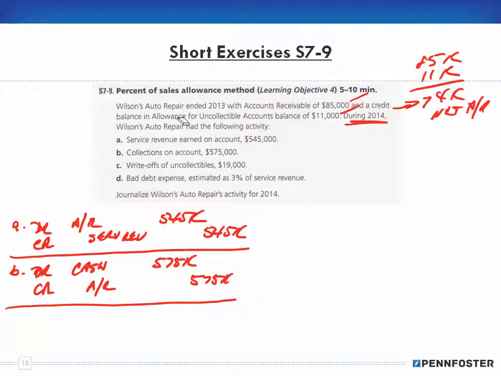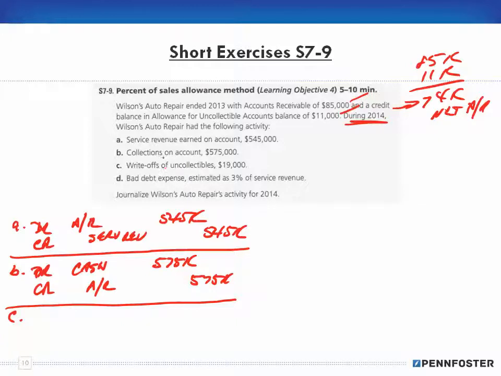And by backing into it, I have more of a tendency to get the journal entry correct. Right? So that's the thought process. Right? C, write-offs of uncollectibles. Okay, so am I affecting cash? No, because I'm writing things off.